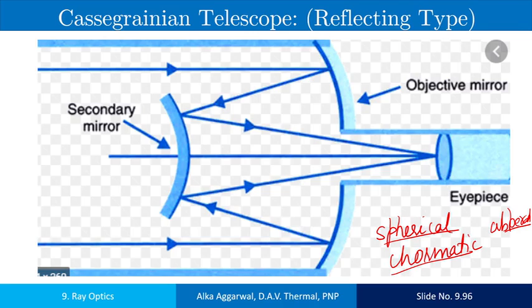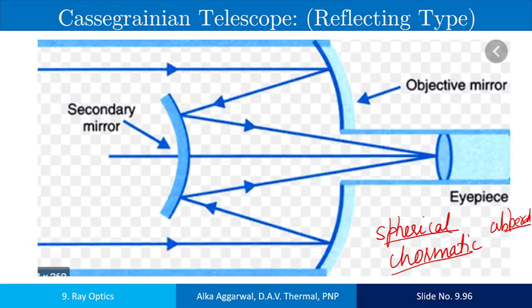In the reflecting type of telescope, there are two telescopes, the Cassegrainian telescope and the Newtonian telescope. Now first we will discuss the Cassegrainian telescope. This telescope was designed by Sir Cassegrain and is named after him. Here is an arrangement of the typical reflecting telescope.